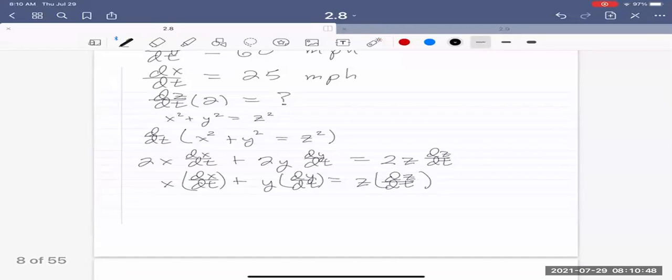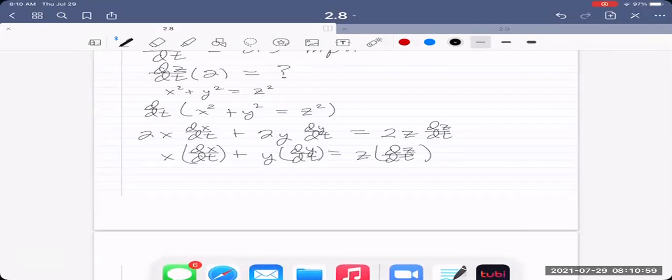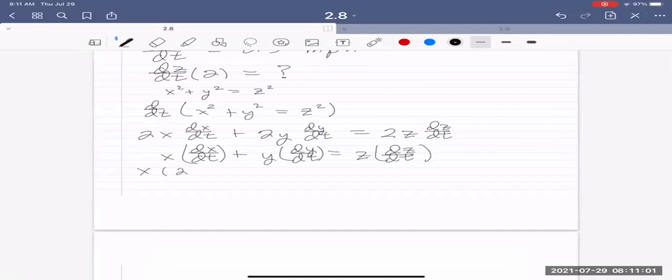Since I'm traveling at a constant rate to the west of 25 miles per hour, after 2 hours, I'll have that x is 50 miles from where we started. And this is since dx dt is equal to a constant 25 miles per hour.